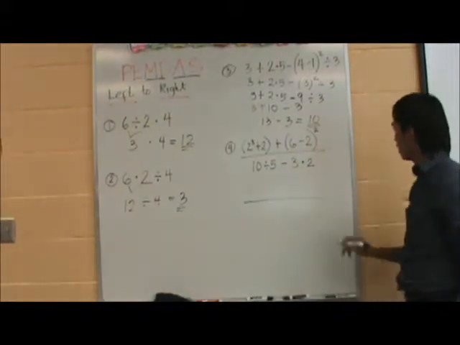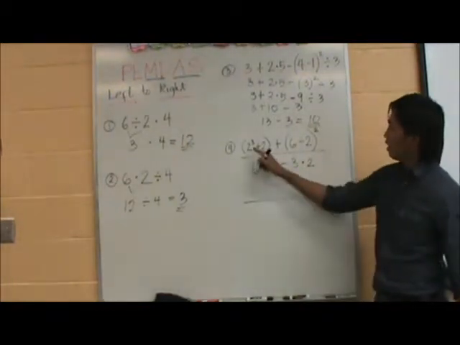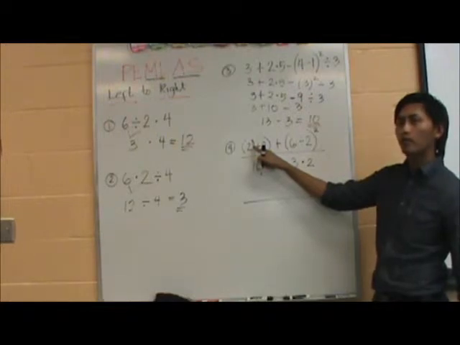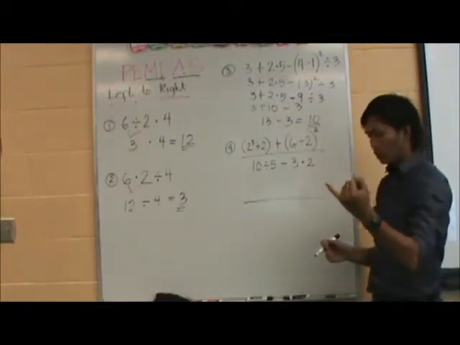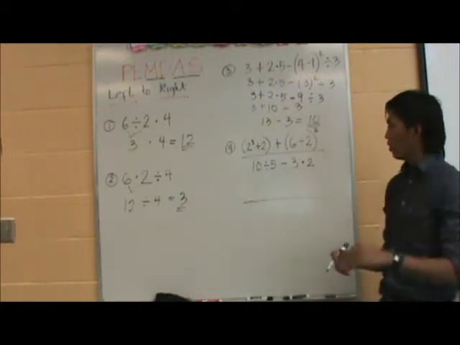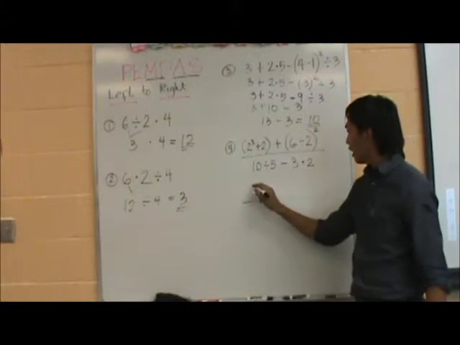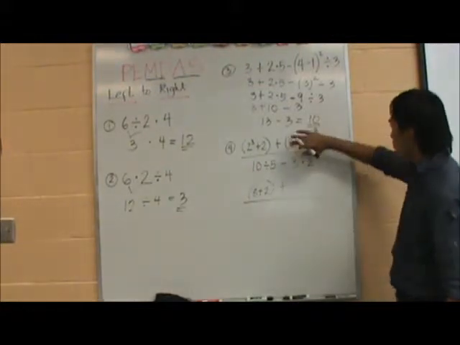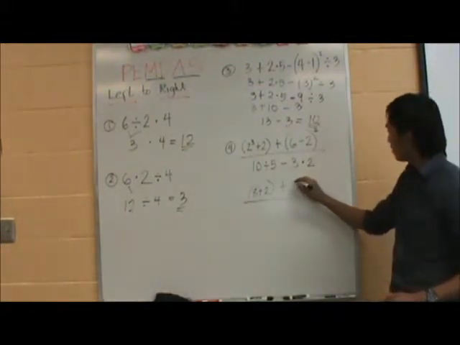I'm just going to draw a line, that's going to be the bar for the fraction. 2 to the 3rd power means you have to multiply 2 by itself 3 times. 2 times 2 times 2 will give you 8. So that will give you 8 plus 2. And then we're going to solve the numbers inside.